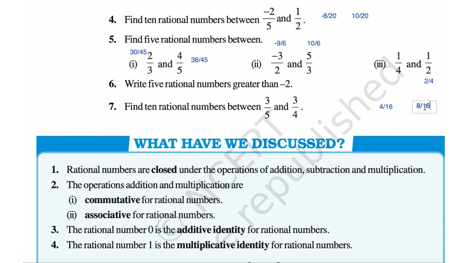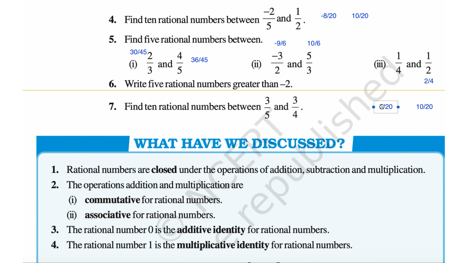How many did you get? 5, 6, 7, only 3. So multiply with 5: 5 by 20 and 10 by 20. So 6, 7, 8, 9. You got only 4, right?